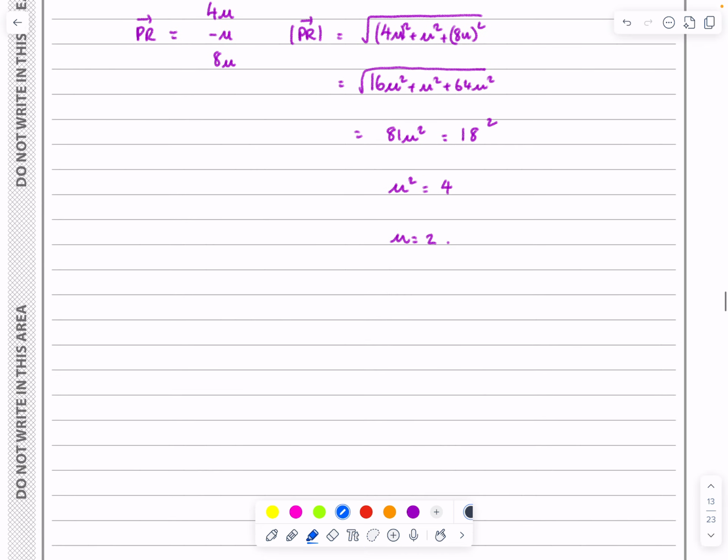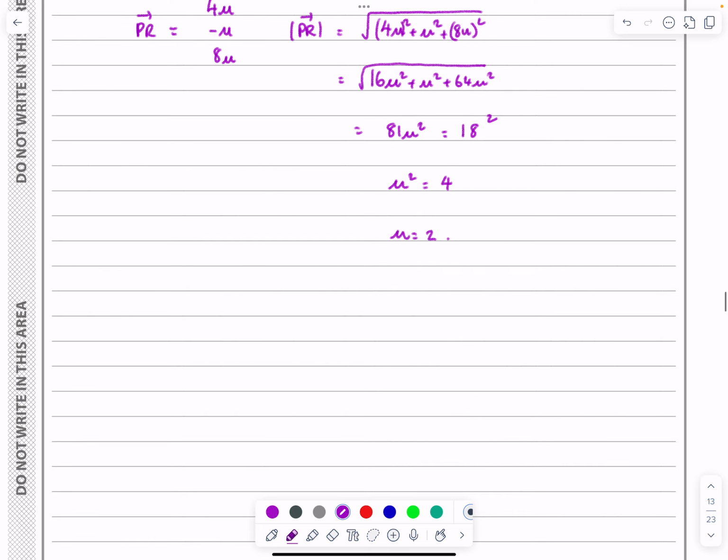I don't know how many of you are still with me at this point. If you are, you're showing a lot of resilience here. So OR is going to be equal to (2, 3, minus 7), and then it's either plus or minus 2 lots of (4, minus 1, 8), and then we work that out.